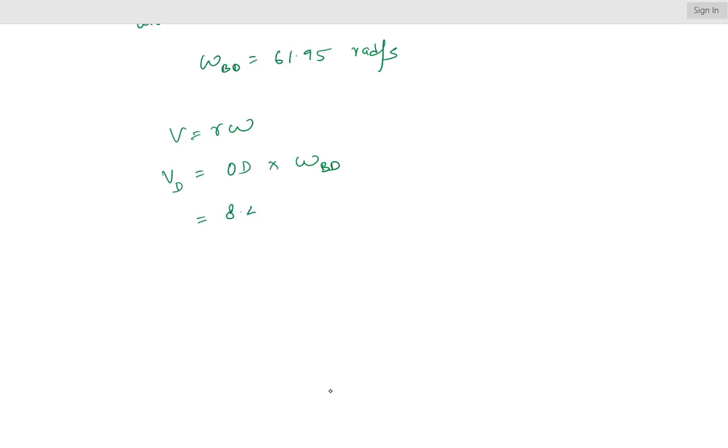So 8.44 times 61.95. When you multiply, you get 522.9 inches per second. Sorry, inches per second, not meters.